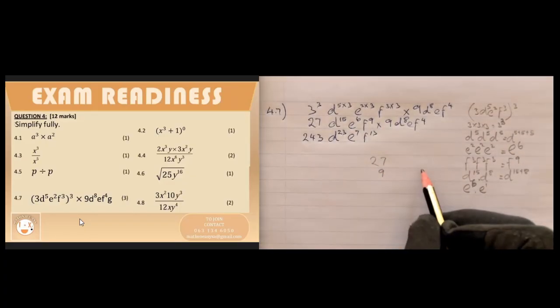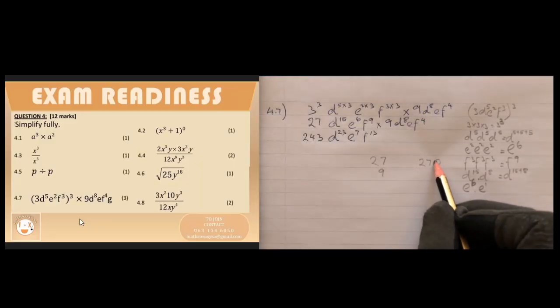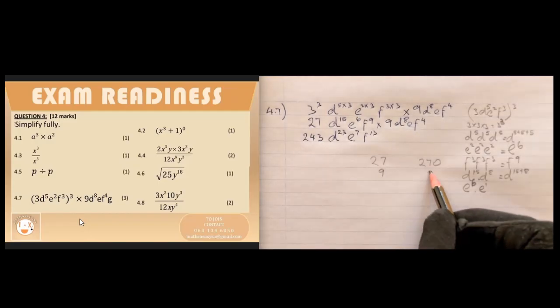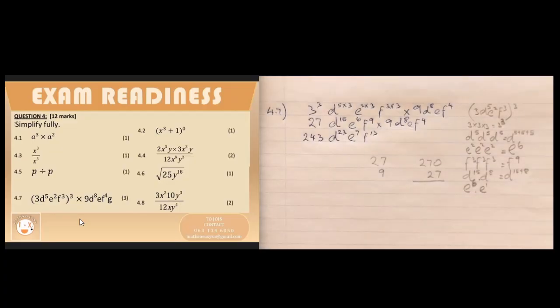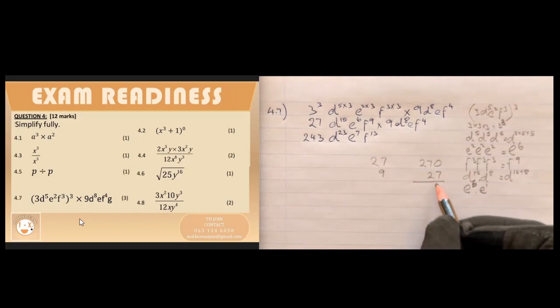I know that if I have 10 of them, it will be 270. But I don't want 10 of them. I want 9. So I'm going to separate that 10 and the 9. The 10, I separate it into a 9 and a 1. So I'm separating this 270. I do what? 10 minus 3. What am I doing? What is it? 6, isn't it?